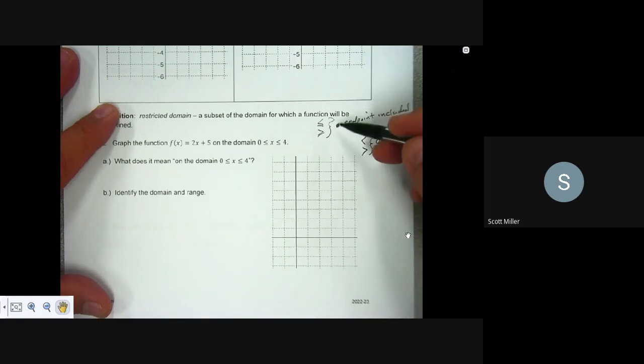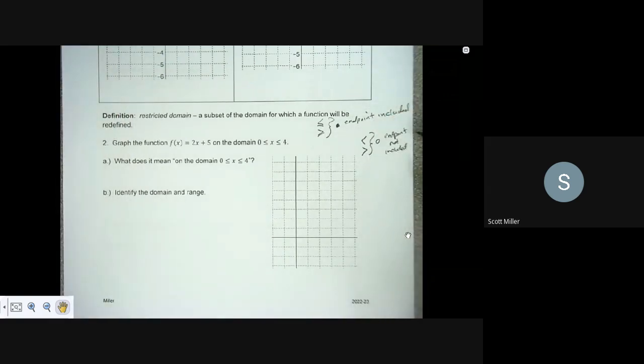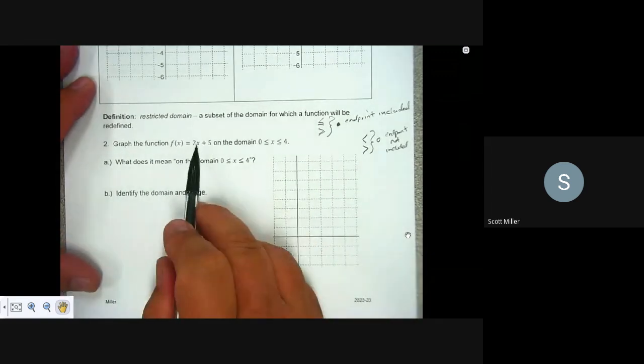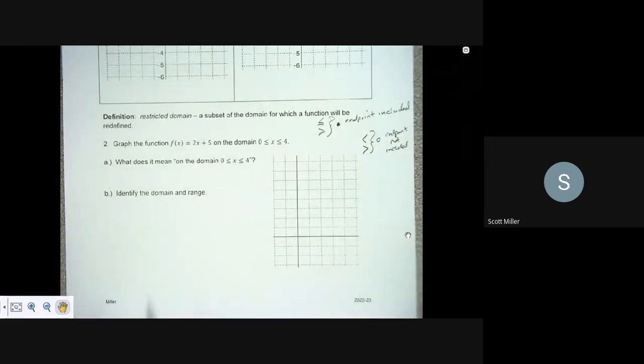So both of these endpoints would be a boundary. Just this boundary would be included, and this boundary would not be. So I just explained what that meant.